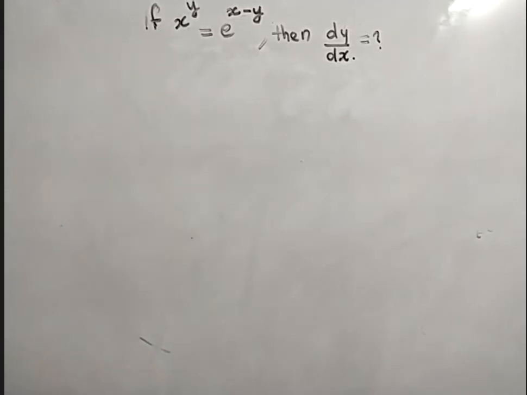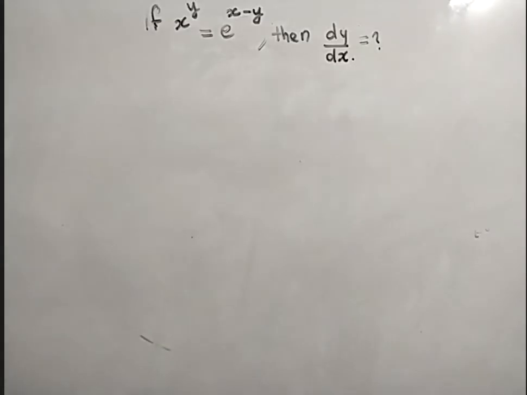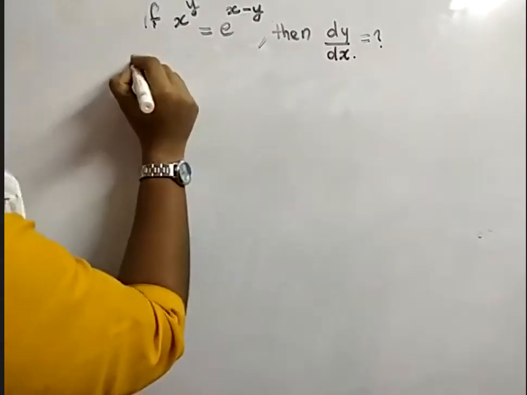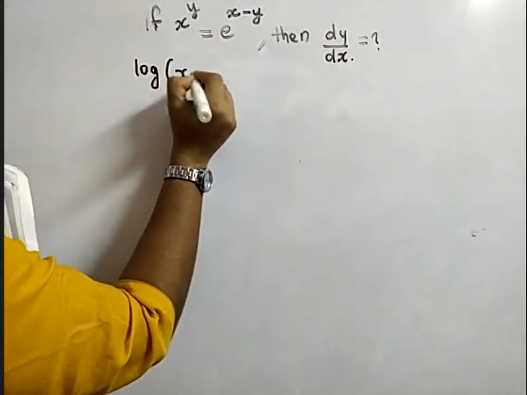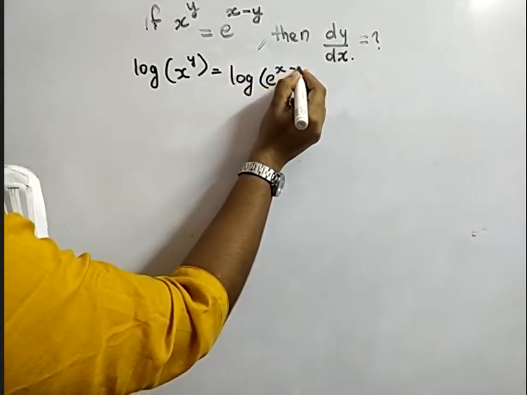Okay, how will you do it? Just take the derivative on both sides. It will be better if you take log on both sides. Taking log on both sides: log x raised to y equal to log e raised to x minus y.